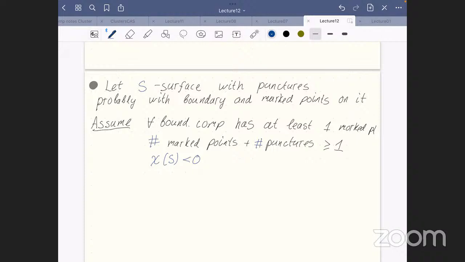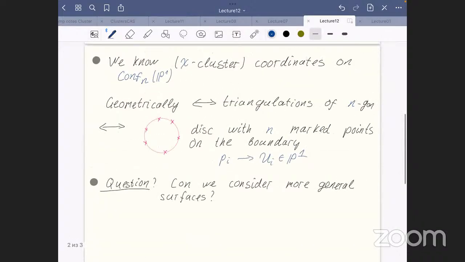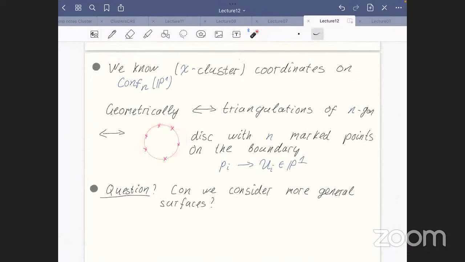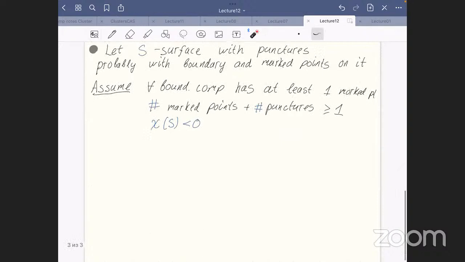So this is a generalization of the disk. I want, starting from the surface, to do something like that.